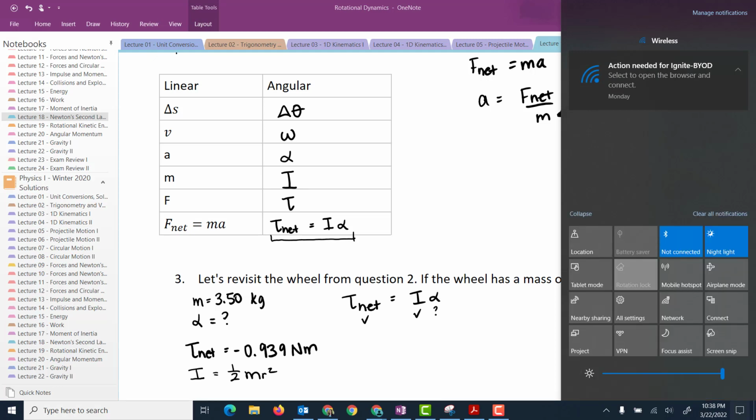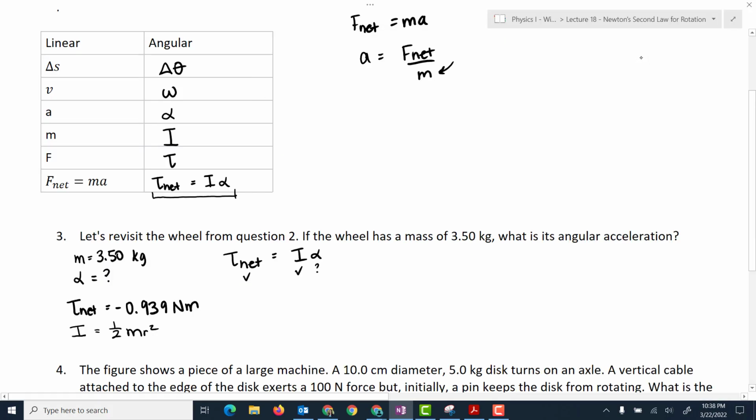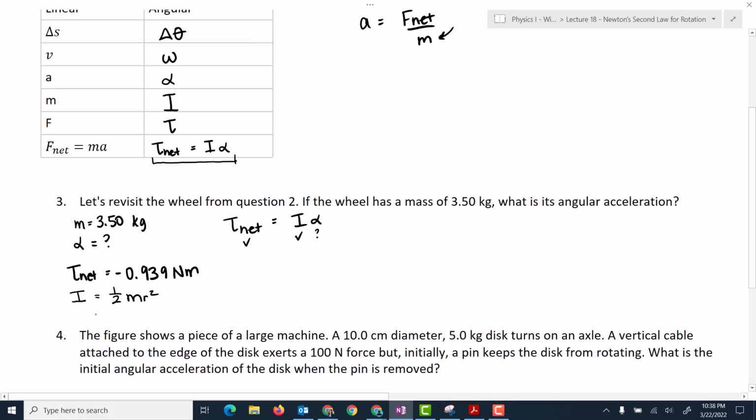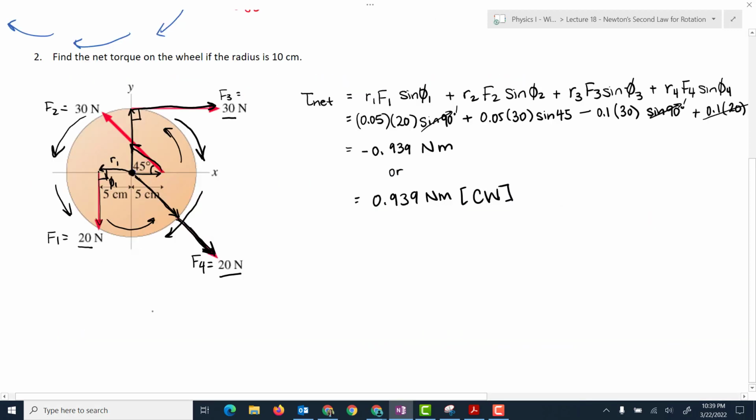Okay, so now we can figure out what all of that is. So 1/2, the mass is 3.5, and the r is the radius of the wheel. We can go back to take a look at what that was. The radius of the wheel was 10 centimeters, and its axis of rotation is at the center of the wheel.